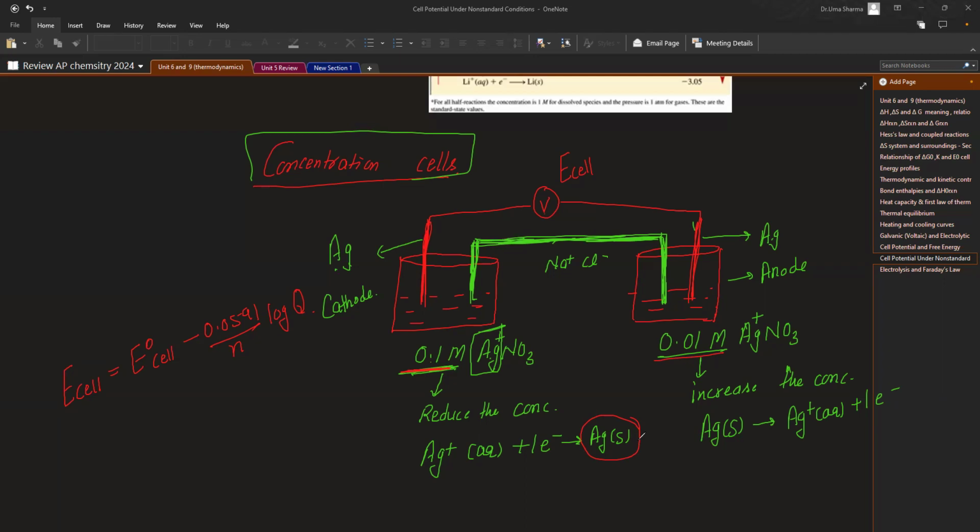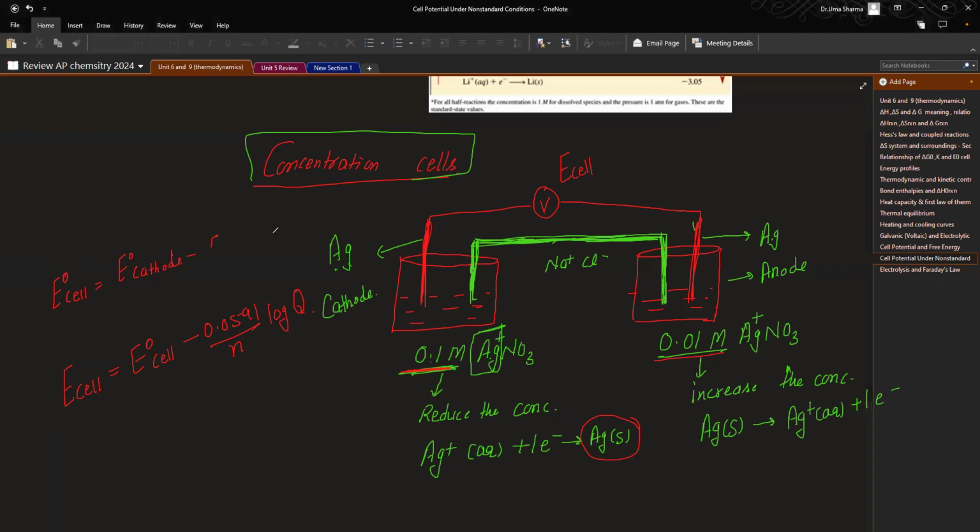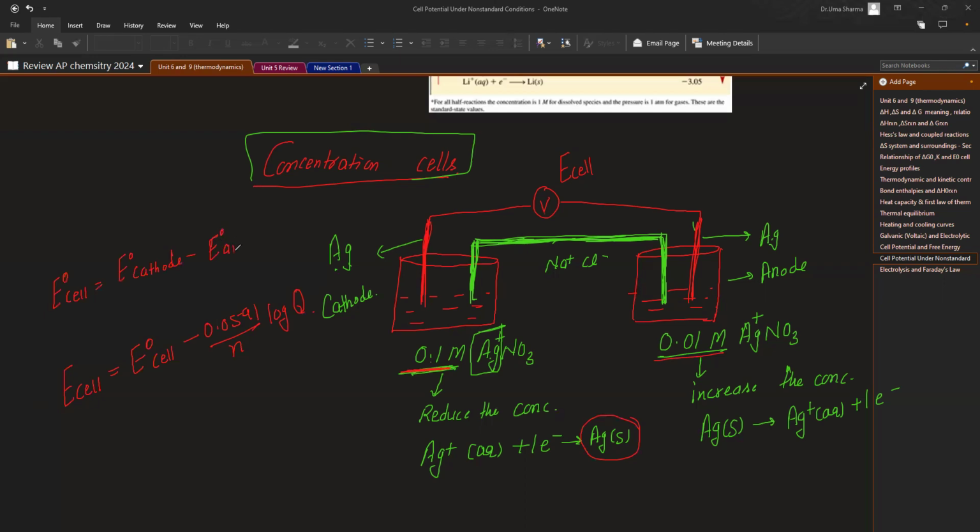Okay, children, now we are going to use this Nernst equation. It's a non-standard cell. Conditions are non-standard. So what is E naught cell here? First, let's calculate the E naught cell. E naught cell is E naught cathode minus E naught anode. This equation will be given to you.